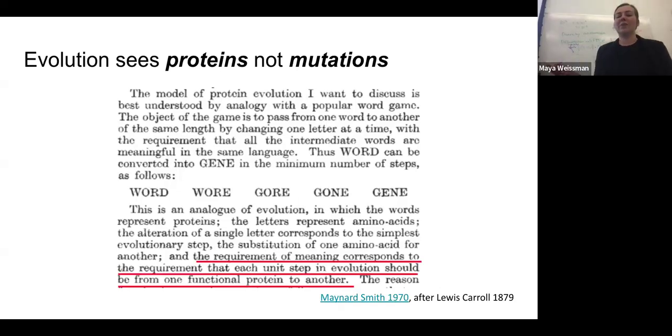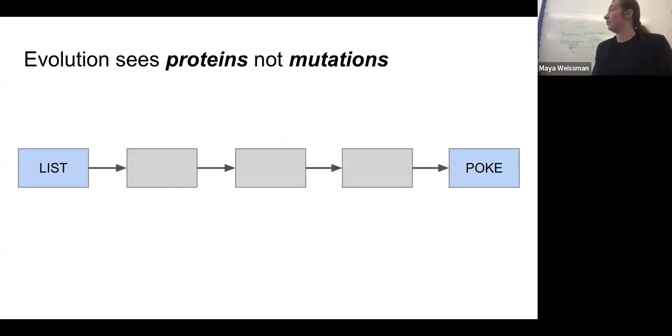The requirement of meaning corresponds to the requirement that each unit step in evolution should be from one functional protein to another. In other words, going from were to G-E-R-E, that's not a possible step because you're losing function. And the same is true for proteins.